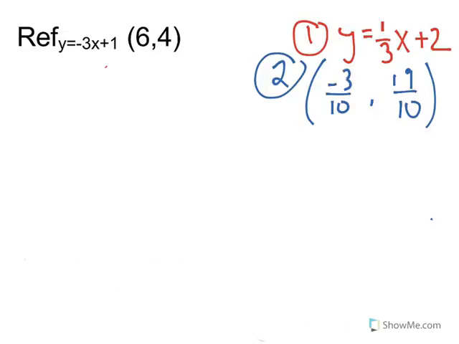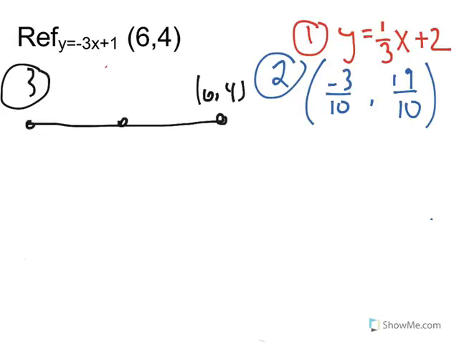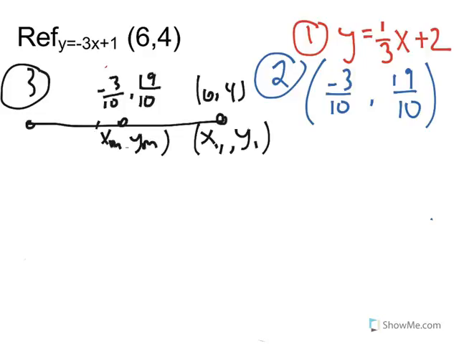So our third step was to find the other endpoint. Let me draw you a picture to show you what's happening. We had (6, 4), and then we found where the two lines intersected, which was at negative 3 over 10, comma 19 over 10. So this is an endpoint, x1, y1. This is a midpoint, xm, ym. And this is our x2, y2, our other endpoint.